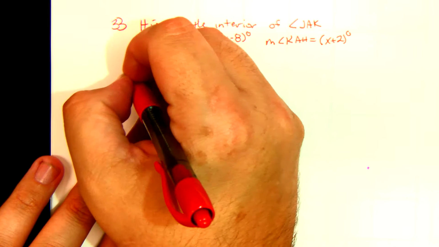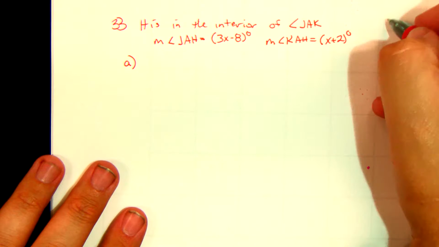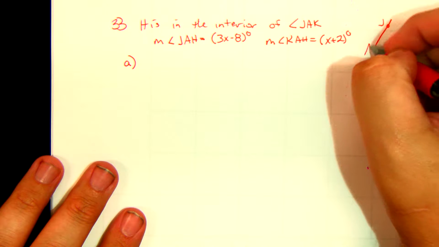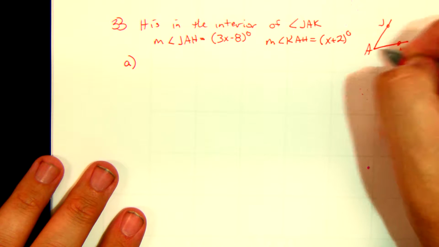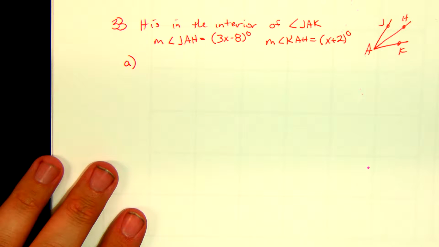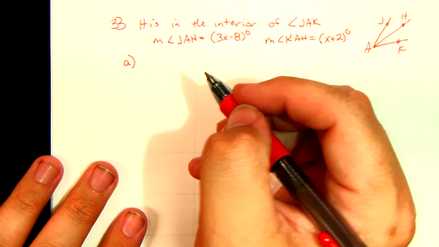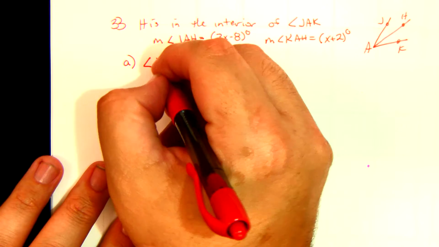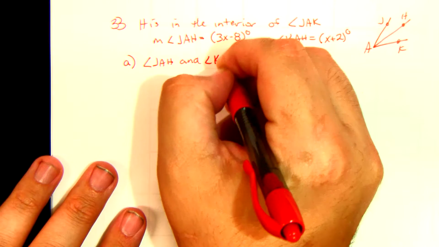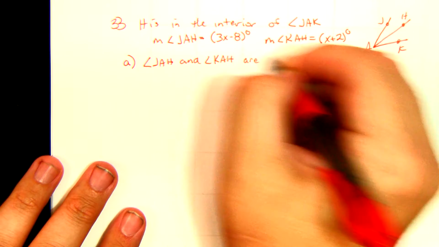For part A, basically what's going on here is, if I draw just a simple one, JAK, like that, H is somewhere in the middle. Now, for part A, it says that angle JAH and angle KAH are complementary.